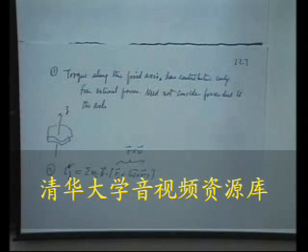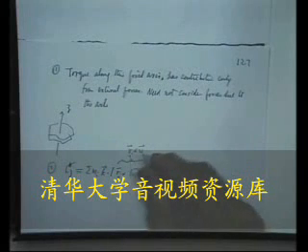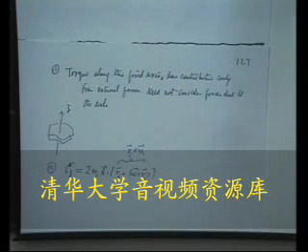What is the definition of the angular momentum? The definition of angular momentum is the summation of m times r cross v. But the r cross v is equal to this, and we want the z component, so it's this.